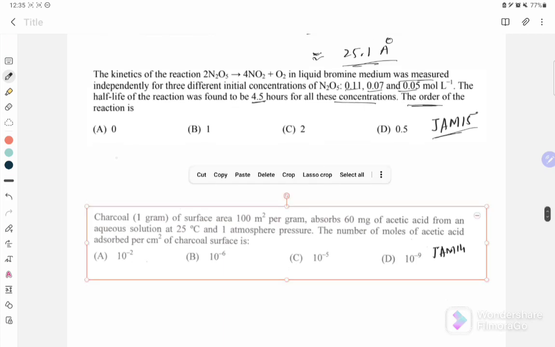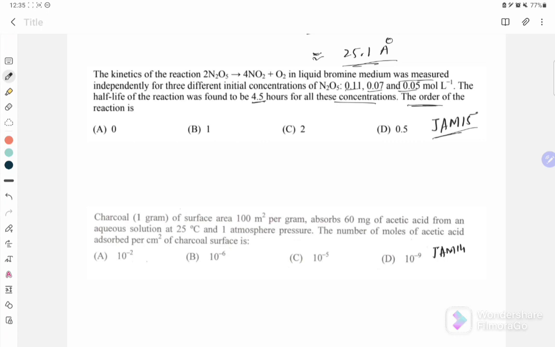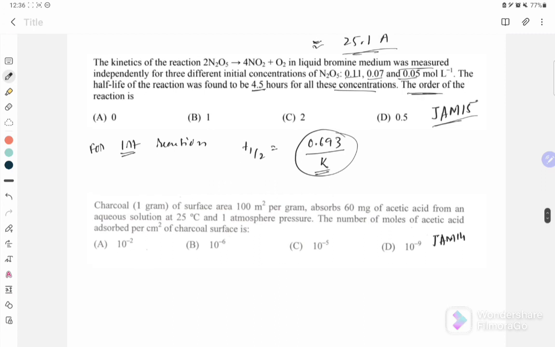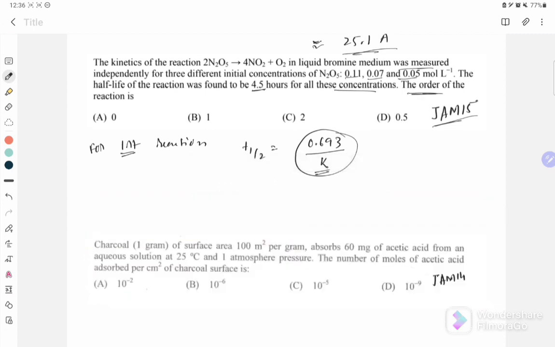So you know that for first order reaction only, half life T half is equal to 0.693 by K. There is no initial concentration in the equation.